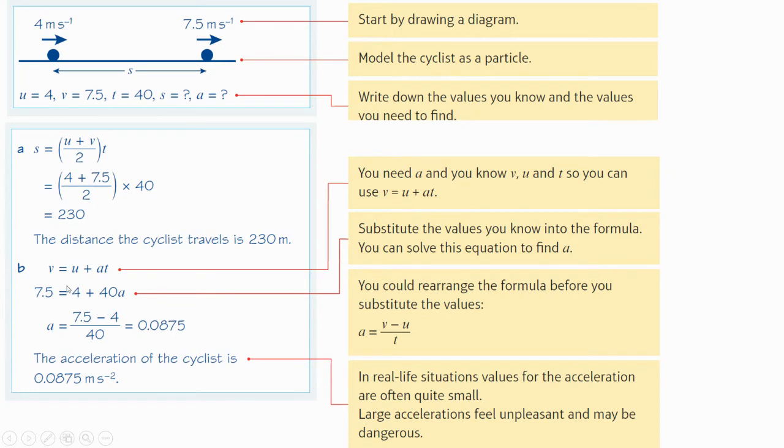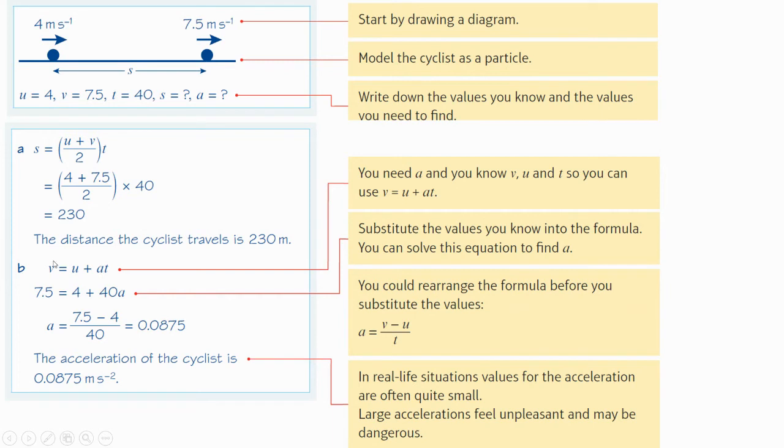Put in the numbers we know, the 7.5, the 4 and the 40, and we get out our answer of 0.0875. It seems like a small number, and you might think you're wrong, but in reality accelerations are quite small. If you accelerate very quickly, it's like being on a roller coaster. It's not that pleasant and it's not that healthy.